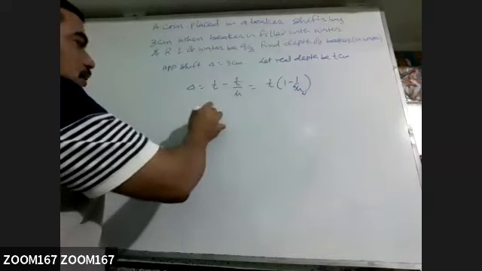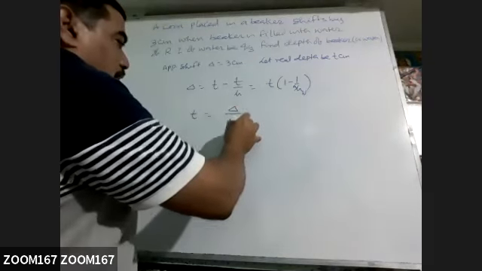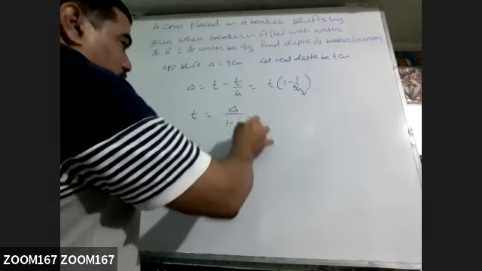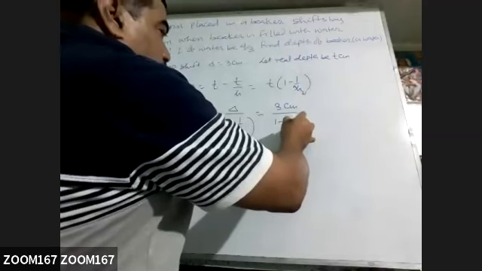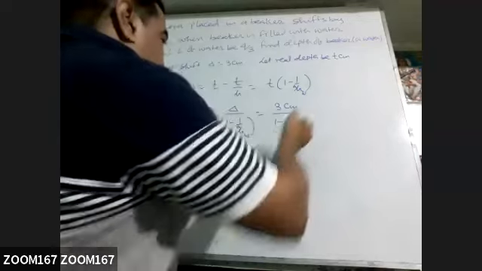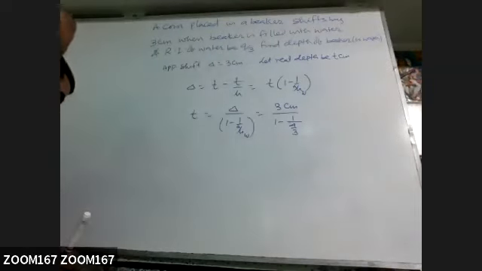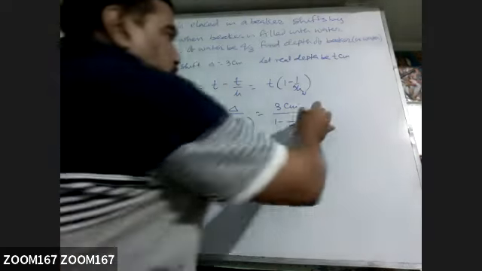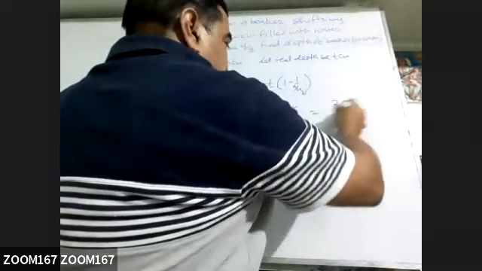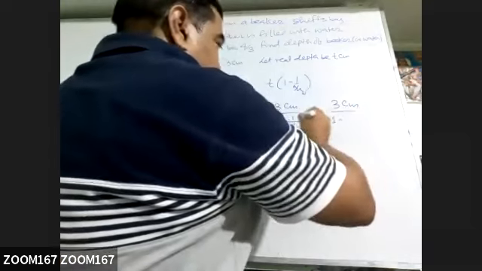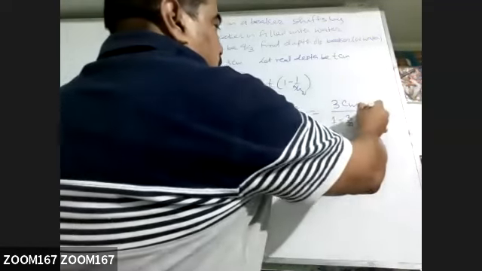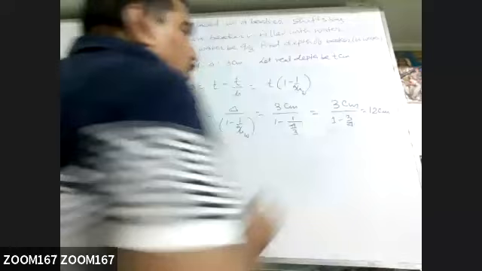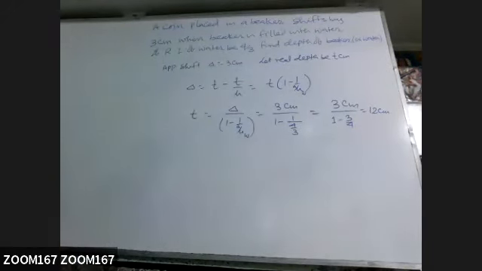T equals 3 centimeter by 1 minus 1 by 4 by 3. So the depth of the beaker is 12 centimeter.